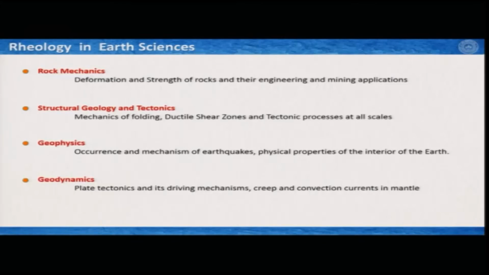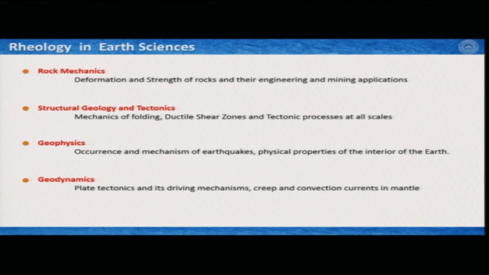There are many branches of earth sciences where we apply rheology. I must say that, as written in the previous slide, the typical study of rock mechanics is not included under the broader umbrella of rheology, but sometimes it is included, particularly the strength of rocks at slightly elevated pressure and temperatures for engineering and mining applications.